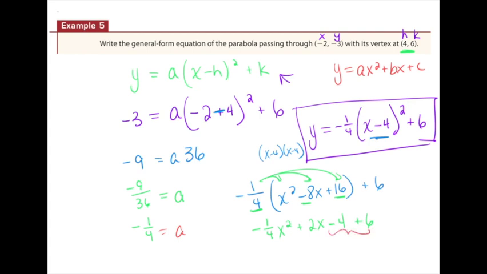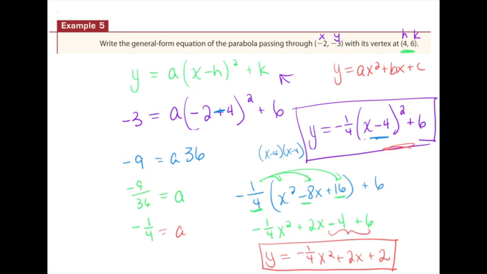Yeah, I can combine those. So standard form, while this is vertex, standard is going to be -1/4 x squared plus 2x plus 2. And so given 2 points, you can actually also find it if one of those points is the vertex. If one of those points is the vertex, you can find it given those 2 points.